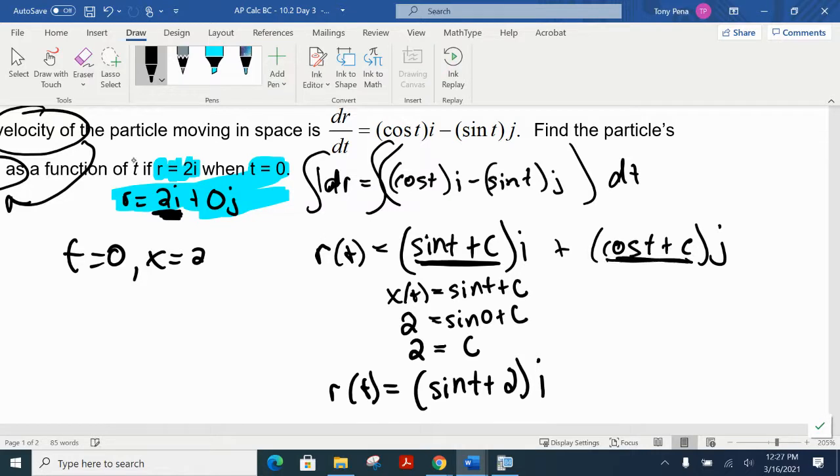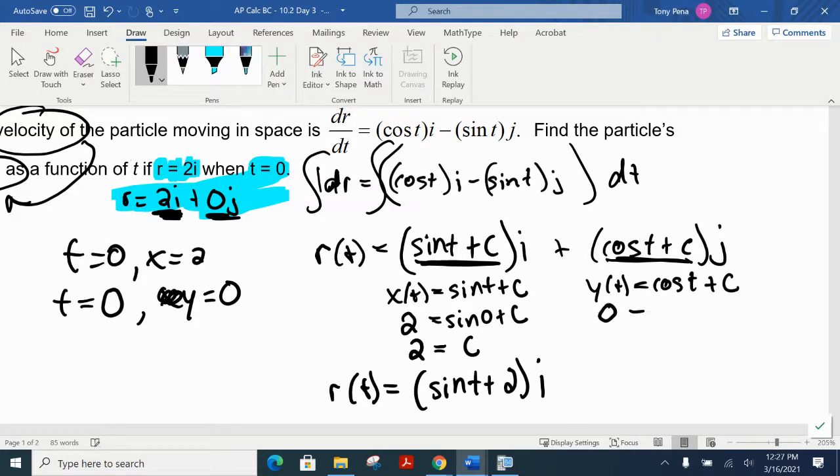Since it's our j term, this is our y position at any time, and that is cosine of t plus our constant. Over here, what this was telling you is at the time of 0, since we have the 0 as the coefficient of j, that our y position at that time was a 0. So using that, we're going to let y be 0 at the time of 0.